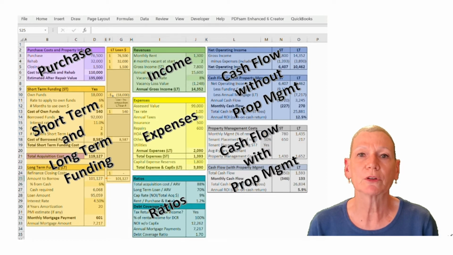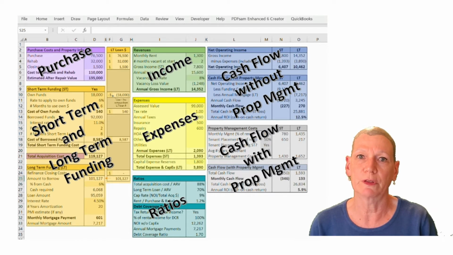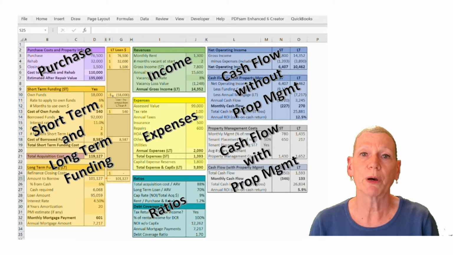I'm assuming that you're familiar with the various components of cash flow, and if you'd like to review that information, there's another video on that topic that you can watch. Along the same lines, I'm also not going to go into a lot of detail on what's behind short-term and long-term funding, but we will be working with that information in the analysis of the deal.